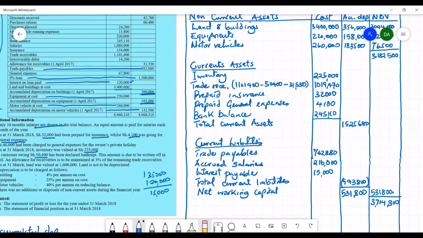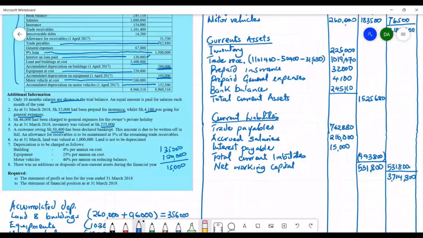From this amount, which is 3,714,300, we will deduct non-current liabilities or long-term liabilities. Non-current liabilities is the 9% loan. It's not a bank loan, but a 9% loan. So the 9% loan is 1.5 million.